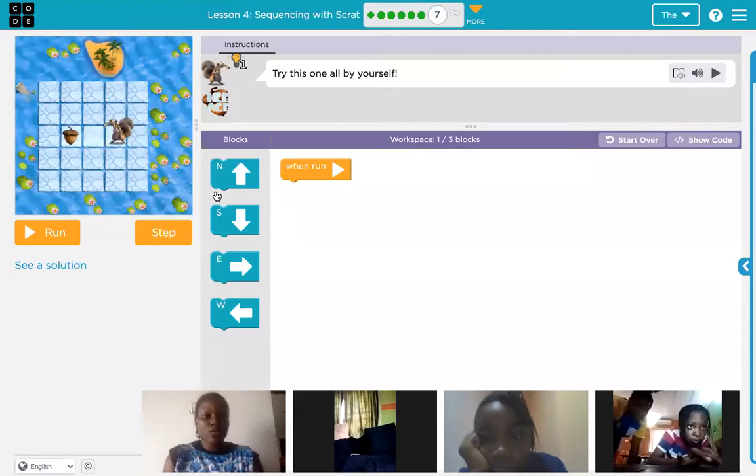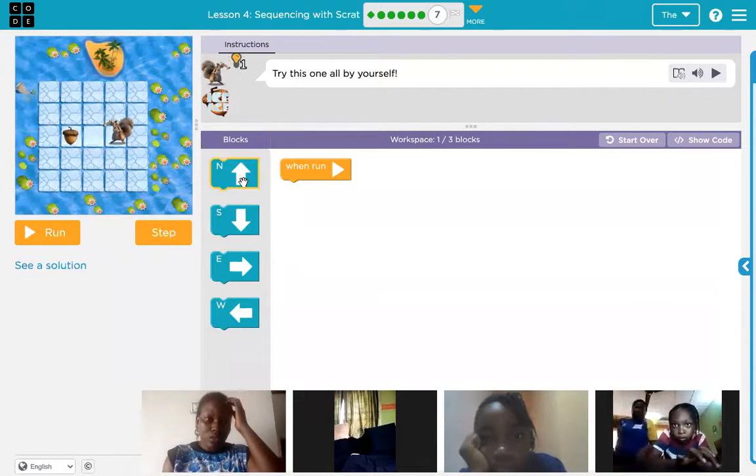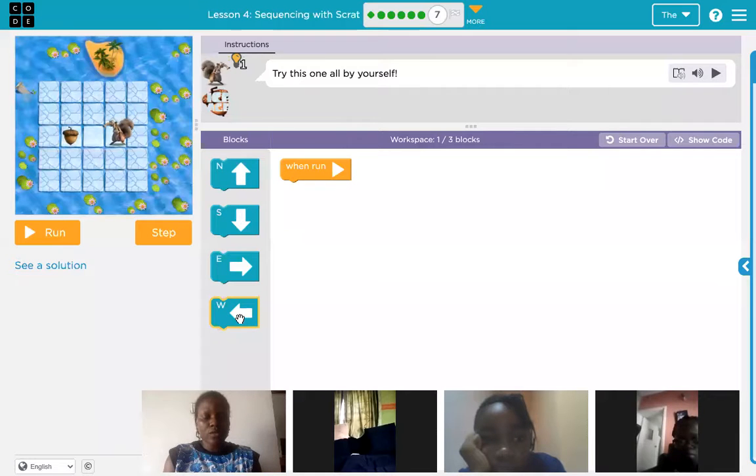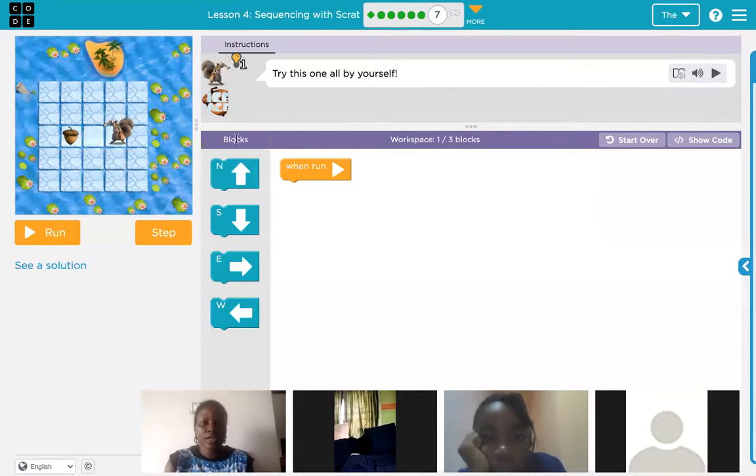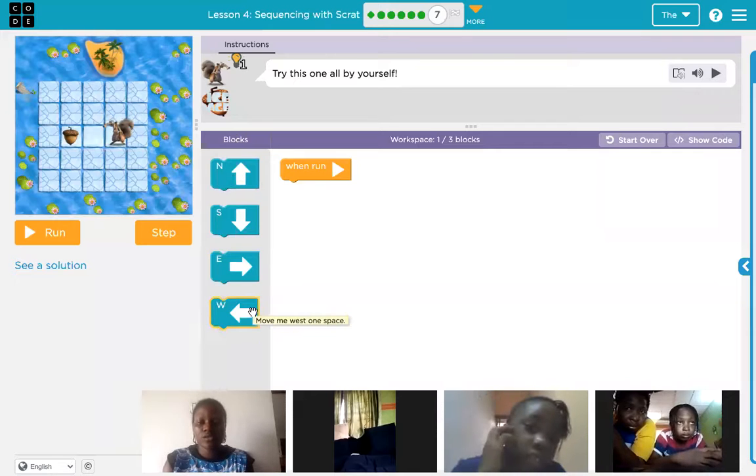So now I want to move this character to the acorn. Which of these blocks should I use? Who wants to tell me? Which direction am I moving?